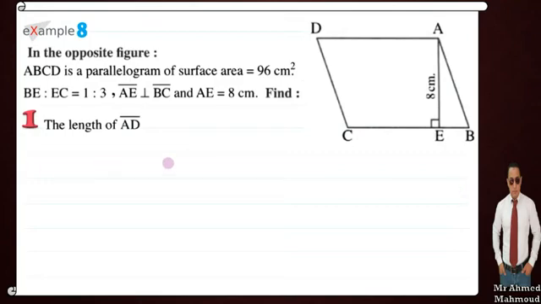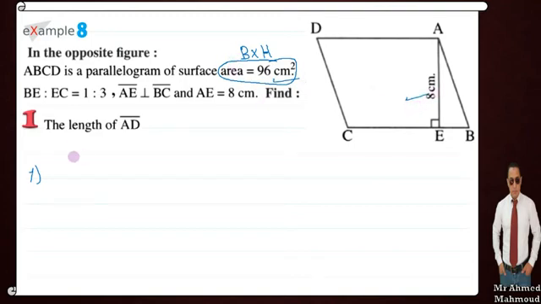To find the length of AD, number one, AD here is the base of the parallelogram. By using the area of the parallelogram equals base times height. Here we have the area equals 96 and the height equals 8.